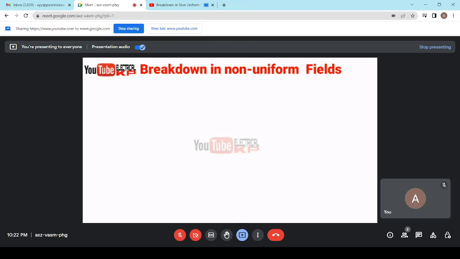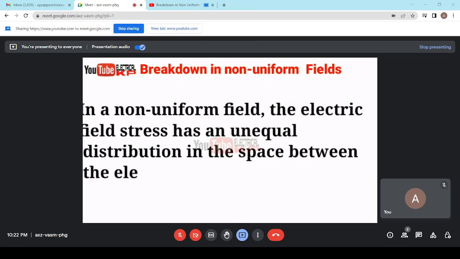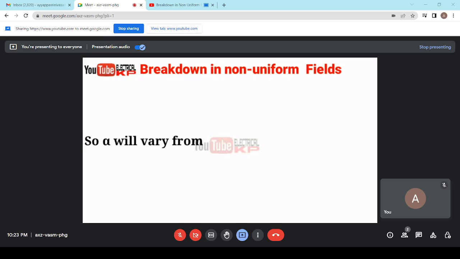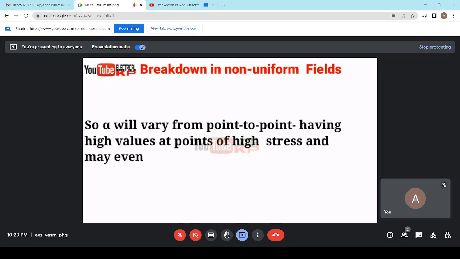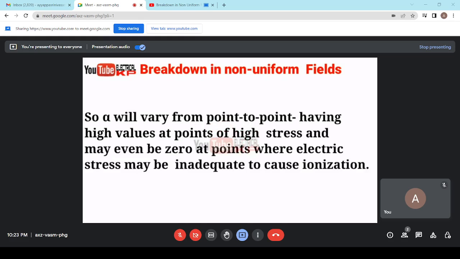In a non-uniform field, there is an unequal distribution of space between the electrodes as well as in the lines of the field. That's why alpha, or the first ionization coefficient, does not remain constant. At the point where charge concentration is high, ionization may occur, but points having no charge concentration may have zero ionization.